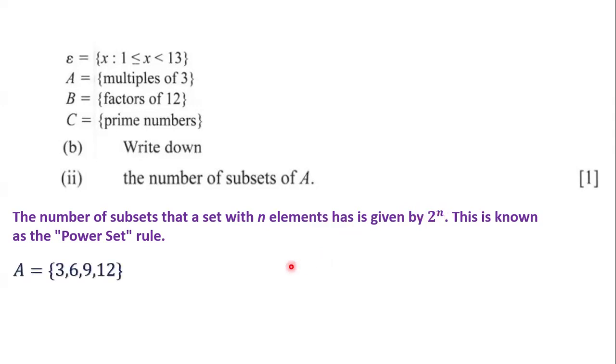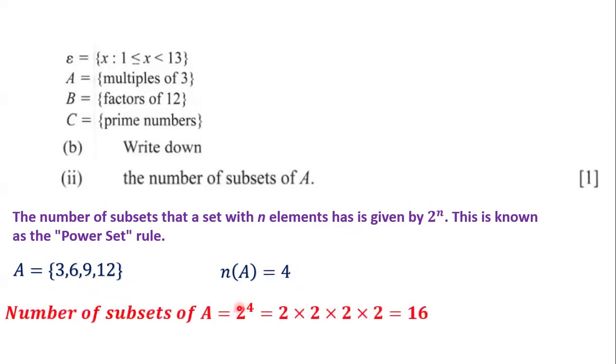Notice we have the set A, and how many elements does the set A contain? This is 1, 2, 3, 4. So set A contains 4 elements. And so the number of subsets of A is going to be 2 to the power of n, and n is 4, the number of elements.